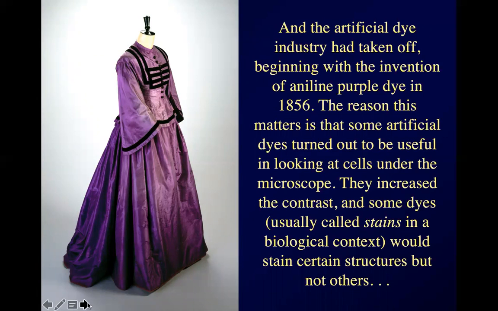A British guy had been doing some studies of a byproduct of coal, this stuff called coal tar, and he'd isolated some chemicals that are found in coal tar and made the discovery that one of them was a brilliant purple. He called it mauve, M-A-U-V-E, this purple dye. This is a dress that is colored in it from the 1860s, I think.